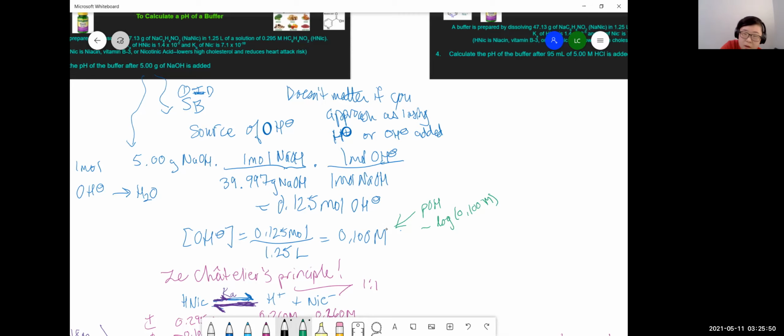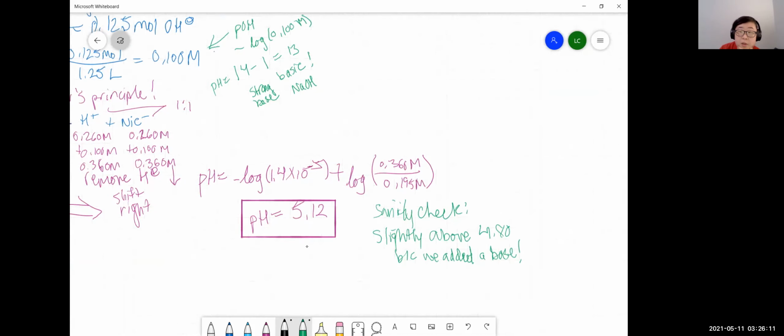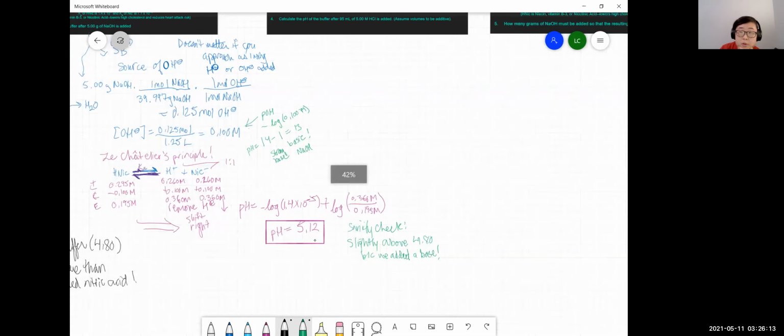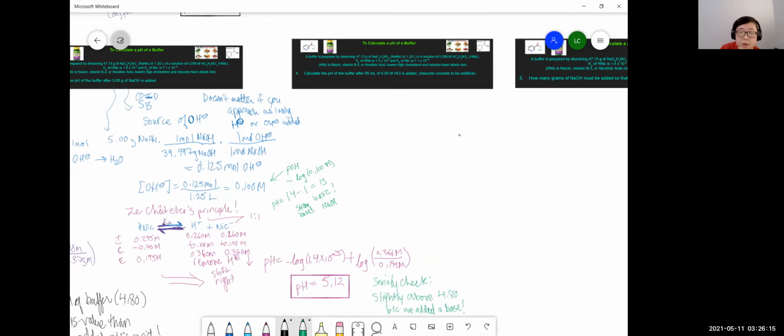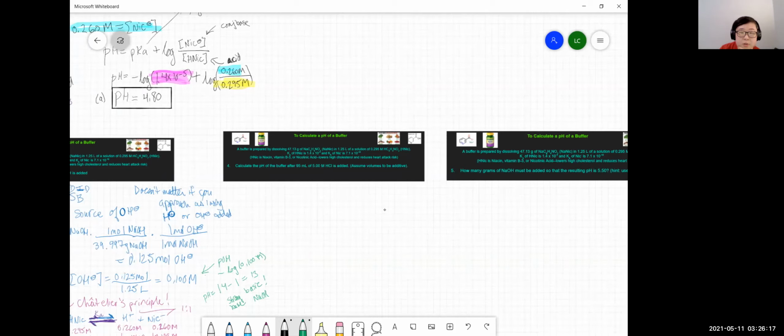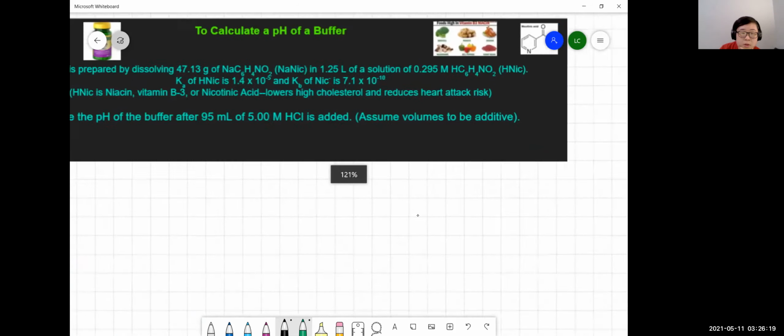The log of 0.1 is actually negative 1, so pOH is 1, and 14 minus 1, pH equals 13. That's pretty basic. The pH of the NaOH was 13. So we can see the buffer is once again doing a pretty good job the other way, because it's closer to 4.8 than 13.